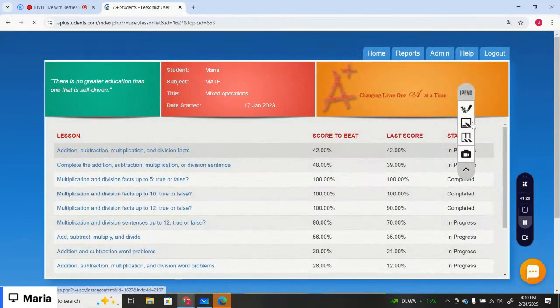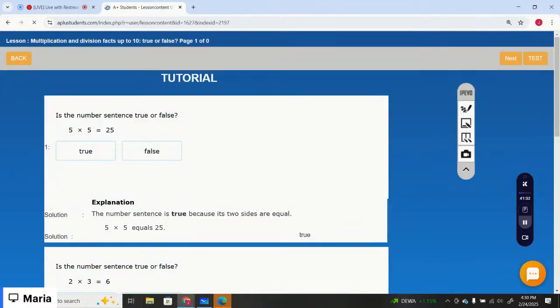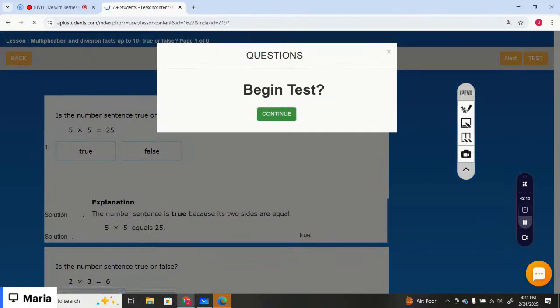The next lesson is multiplication and division facts up to 10, true or false. Let's just start with the test questions.